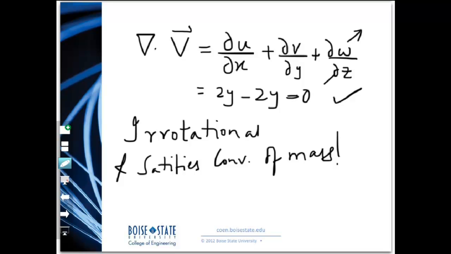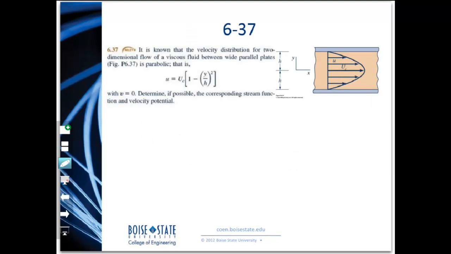Okay, now let's look at another problem. It is known that the velocity distribution for two-dimensional flow of a viscous fluid between wide parallel plates is parabolic, that is given by that formulation with v equals 0.